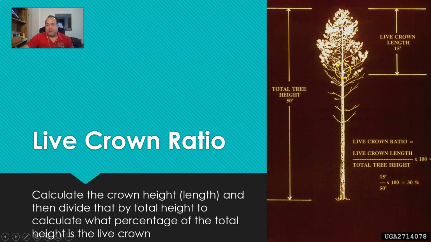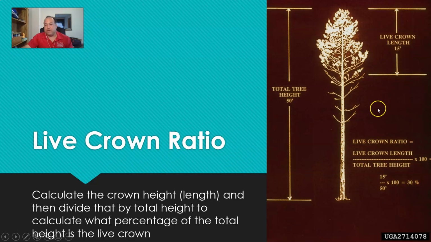Is this the bottom part of the live crown? Is this the bottom part of the live crown? Because there's a little bit right there. That is going to be an it-depends type question, and it's up to you to figure out, but that's how we do forestry. You just have to come up with some sort of a pattern that makes sense to you so that you do it the same every time to prevent bias.